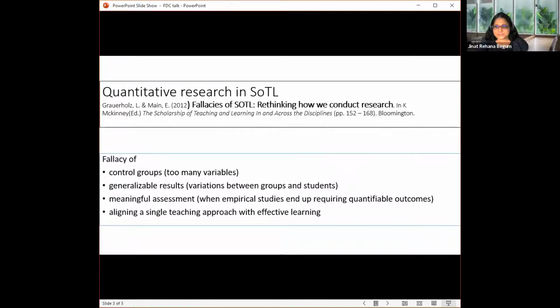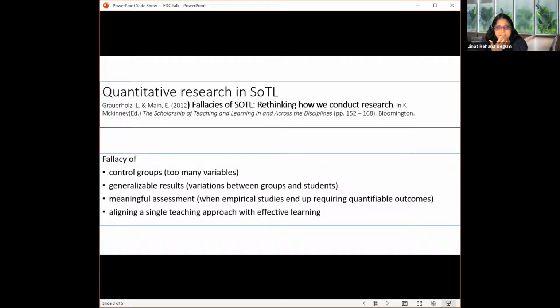Of course, I've spoken to other people who've talked about autoethnography, Darren's work on reflections, I've talked to him about it. So I was aware of it, but there was still this feeling like, oh, there's a certain way of going about things. And particularly Grauhaus and Main, this chapter talks about the fallacies of using empirical research. I don't want to get into it because everybody knows this anyway.